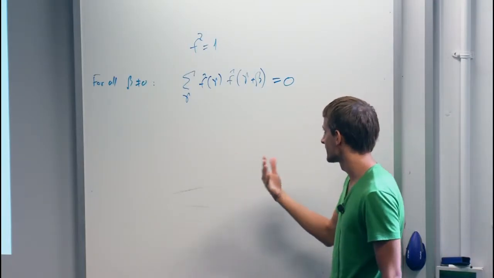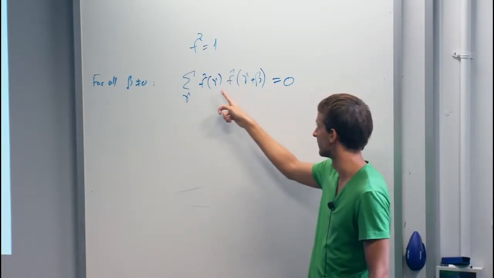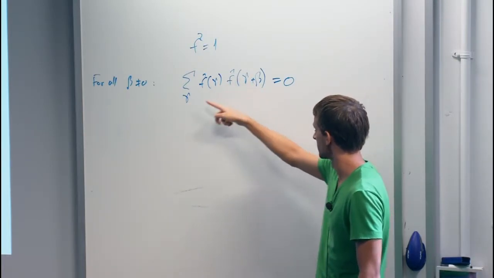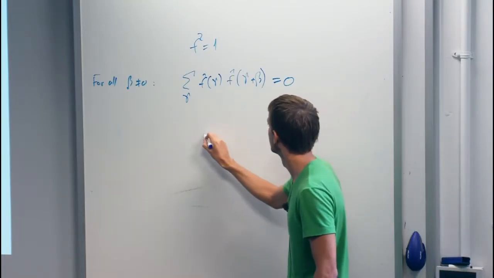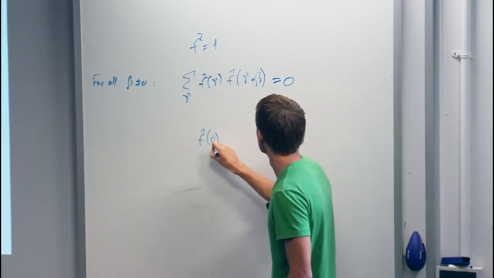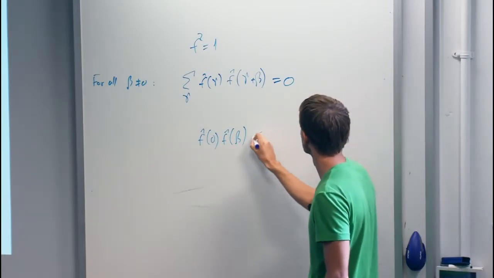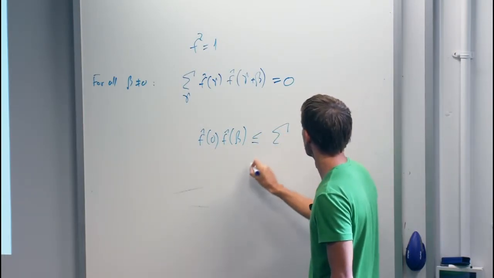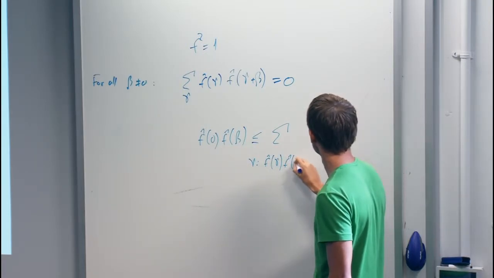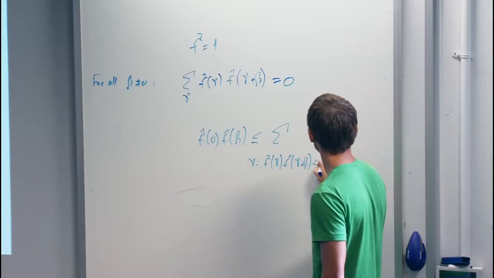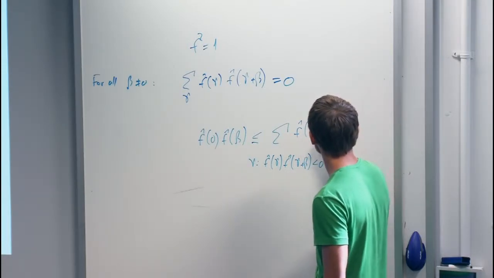So okay, I'm not going to do the whole calculation, but when gamma equals 0, you have 0 and beta, and when gamma equals beta, you have beta and 0, and you get that f hat of 0 times f hat of beta is at most the sum over those gamma which are negative of this product.